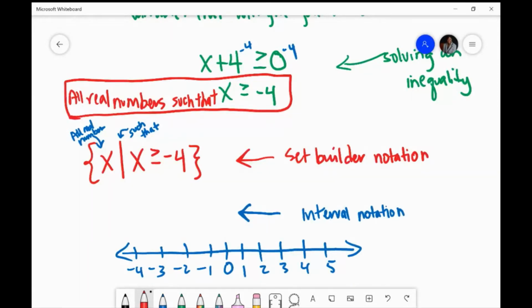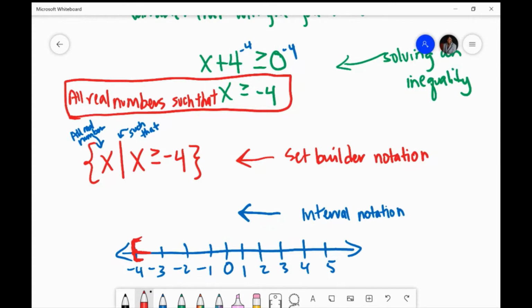Yep, a closed circle, or another thing, I normally just put a bracket here. So some people put a little dot there. I will go ahead and put a bracket because I know it has to be greater than or equal to negative 4.